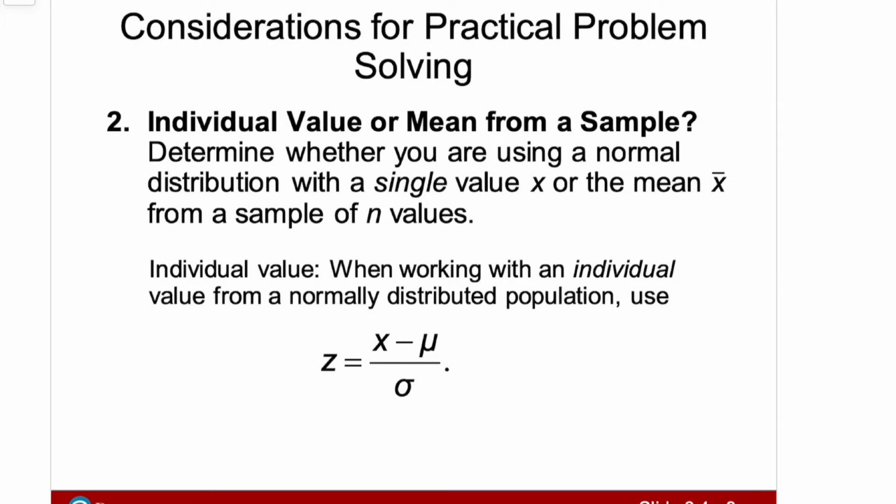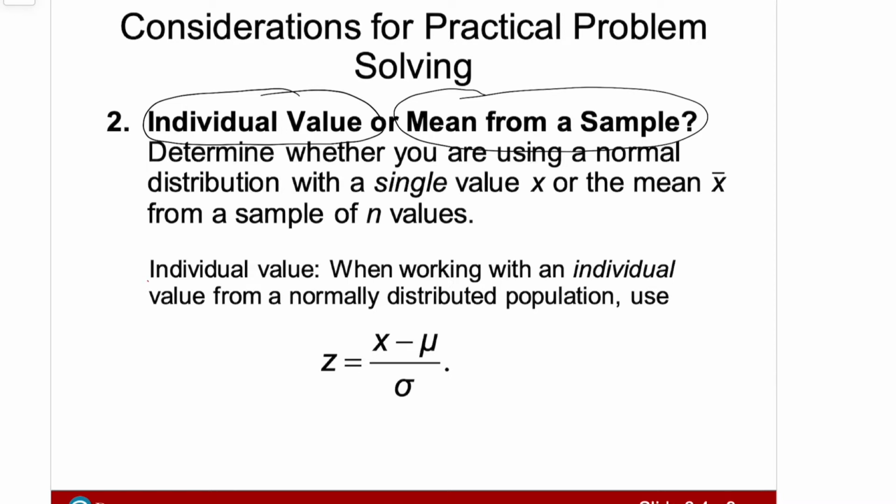When we solve these types of problems, where we use the central limit theorem, one thing we have to distinguish is whether we're trying to find the probability that an individual value is greater than a data point, or that the mean of a group of those samples is greater than a data point. Because the z-score we compute will be slightly different depending on if we want an individual value or a mean, right?